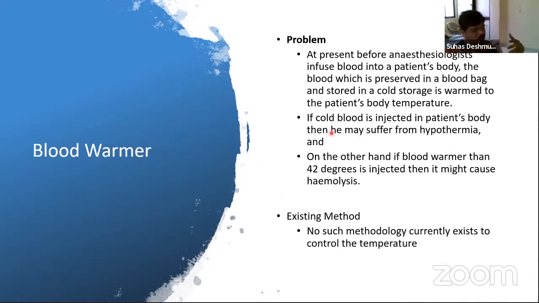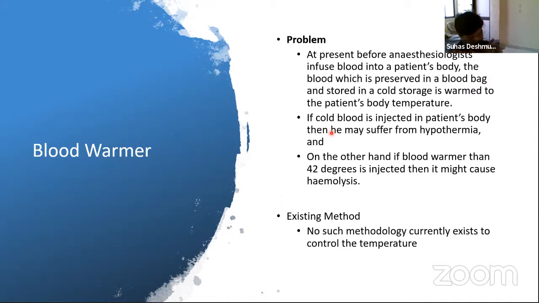So normally what doctors do is they take this blood bag and put it into hot water. That hot water is mostly more than 50 or 60 degrees temperature. It stays there for 5 to 10 minutes, and then they take this bag and start injecting the blood into the patient.